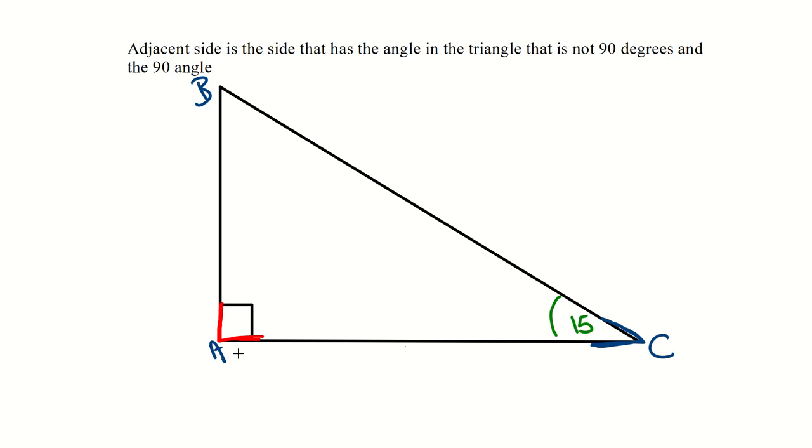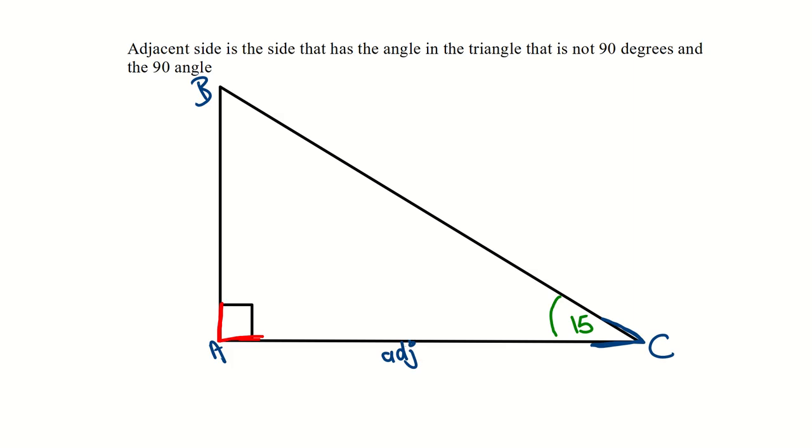So which side is shared? We have AB and AC making up that 90 degrees. And then to make this 15 degrees, we have BC and again AC. Because AC has your 90 degrees angle as well as the angle that is not 90 degrees on it, this is now known as your adjacent.